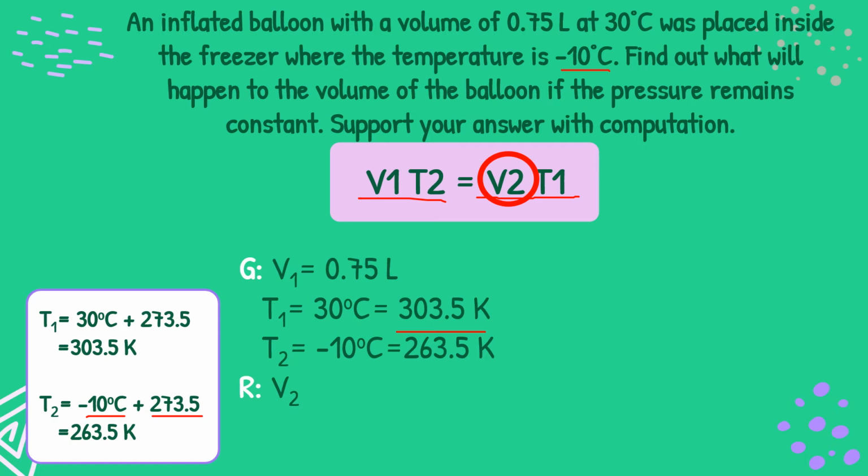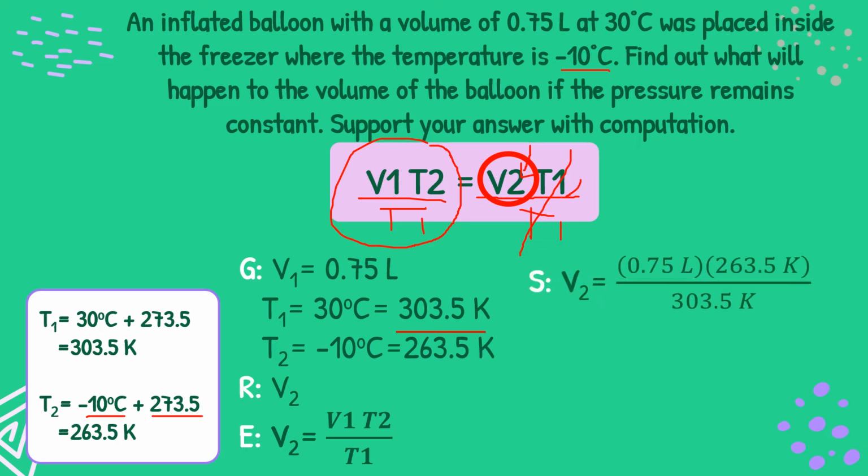So the unknown is final volume and the quantity beside it is the initial temperature. So we need to divide both sides by the initial temperature to cancel out the initial temperature on one side of the equal sign and leave the unknown one, which is the final volume. So the equation we have for this word problem is this one. Final volume is equal to the product of the initial volume and final temperature, divided by the initial temperature.